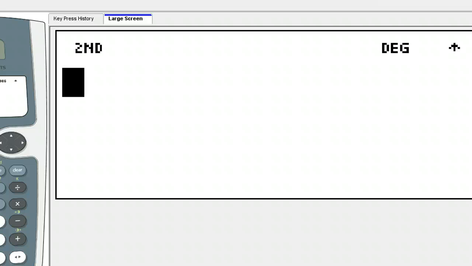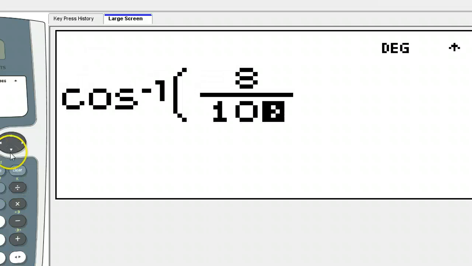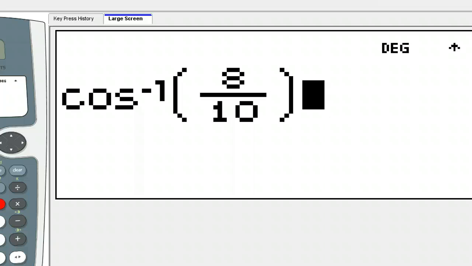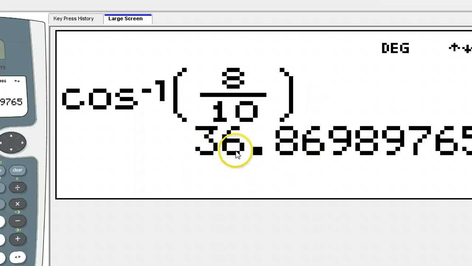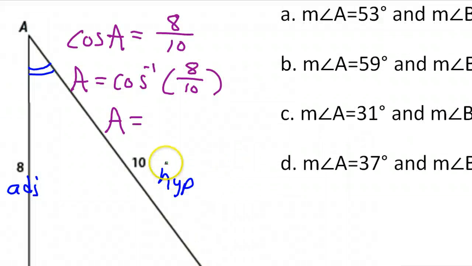So I hit second cosine, 8 over 10. Okay, that is 36 point, oh yeah, they're rounding to whole numbers. So those will round to 37 if we're going to do whole numbers. So A is approximately 37 degrees.